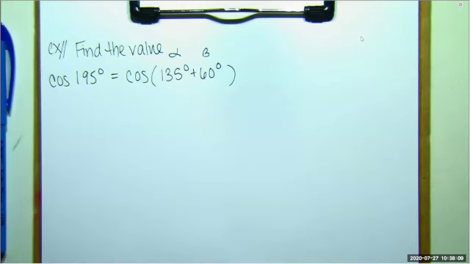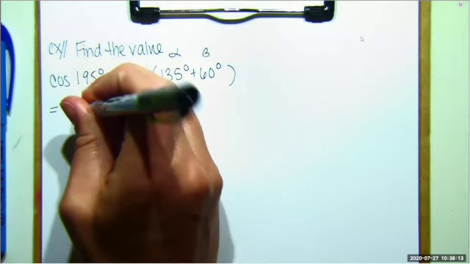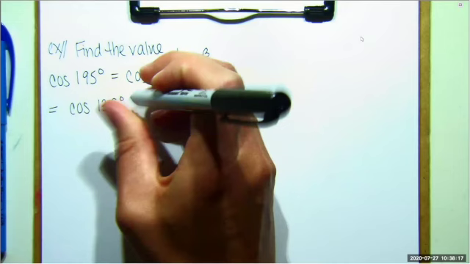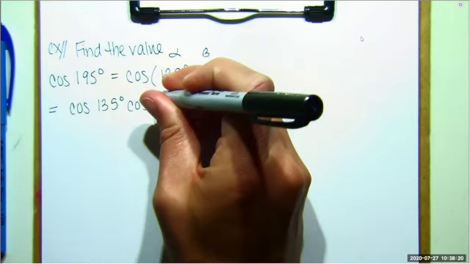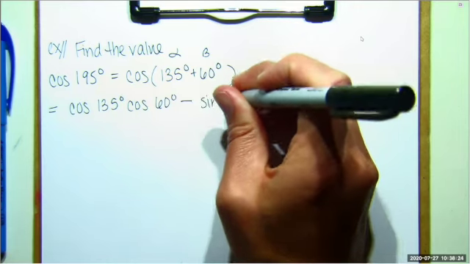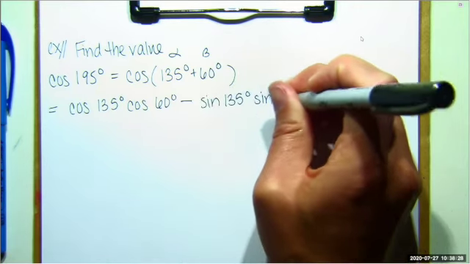From there, it's plug and chug and simplify. So I have cosine of alpha, which is 135, cosine of beta, which is 60, minus sine of alpha, which is 135, times sine of beta, which is 60.